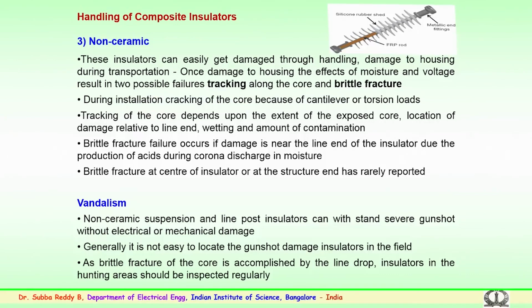So, these corona discharges from the end fittings like the corona control rings, and if the microstructure failures during the crimping, and if there is damage near the line end where the water seeps in, nitric acid formation and brittle fracture issues are also noticed in the long rod composite insulators which are used for EHV and UHV transmission. So, brittle fracture at center of insulator or at the structure end are rarely reported.